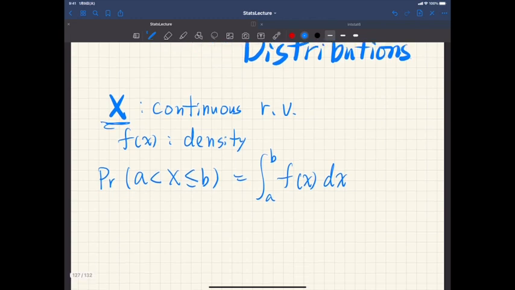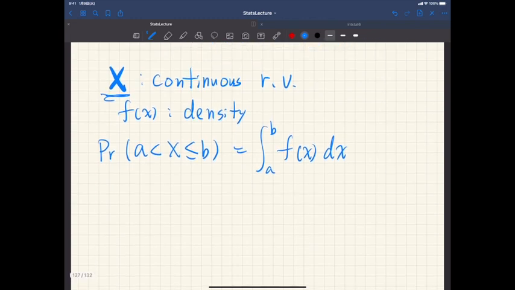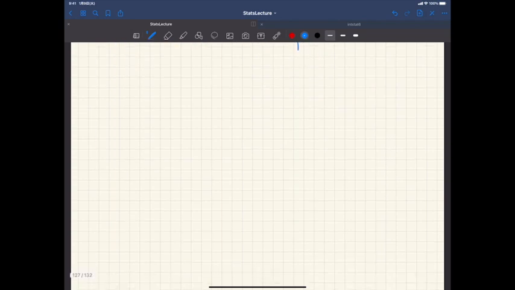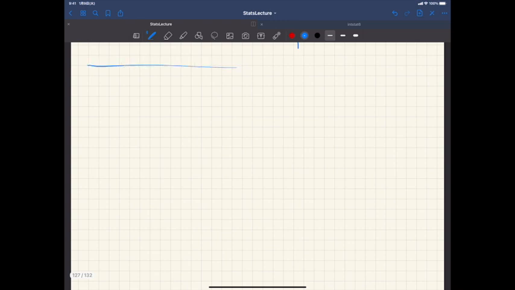Okay, so usually we can assume that this kind of density function exists for any well-behaved random variables. Okay, so first we study a very simple distribution called uniform distribution.